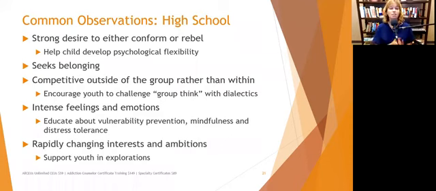All of those things are going to help them be less emotionally vulnerable. And you can look into dialectical behavior therapy on vulnerability prevention, really helpful with teenagers. Help them develop mindfulness and distress tolerance.